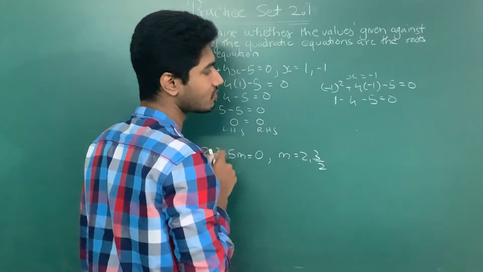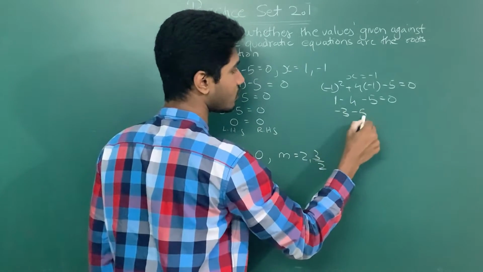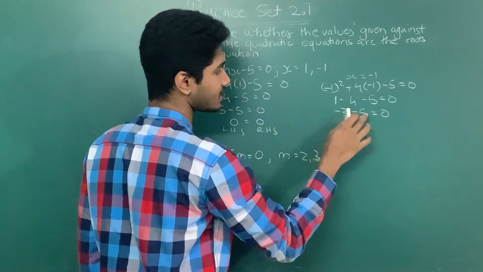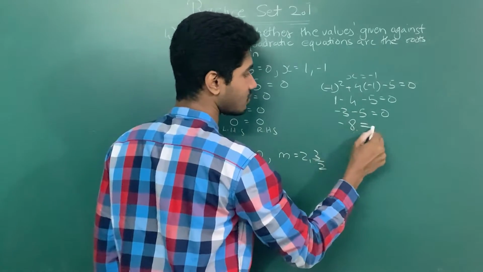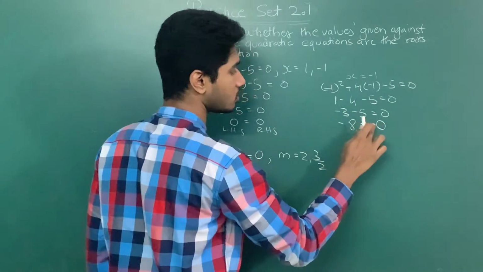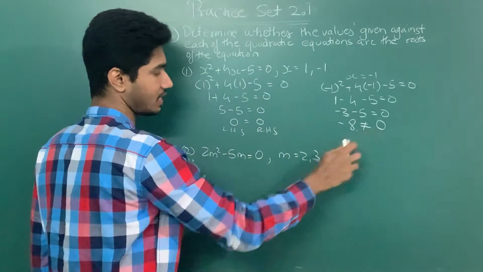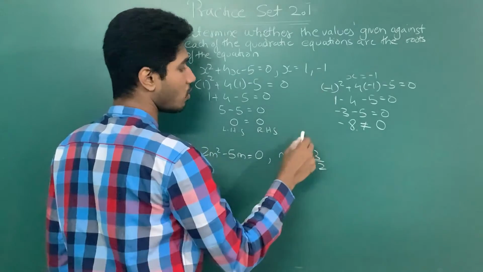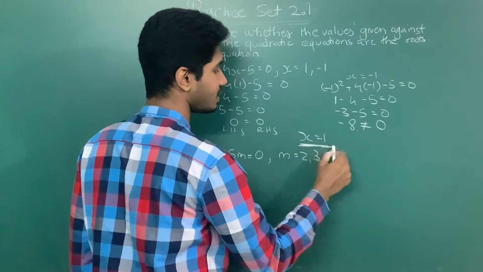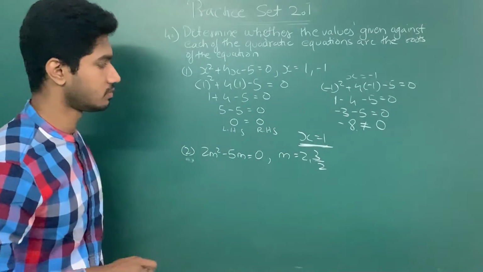So 1 minus 4 will give you minus 3, minus 5 equal to 0. So minus 3 and minus 5 is minus 8, which is not equal to 0. Over here, the left hand side and the right hand side don't match. Therefore, only x is equal to 1 is the root for this quadratic equation.